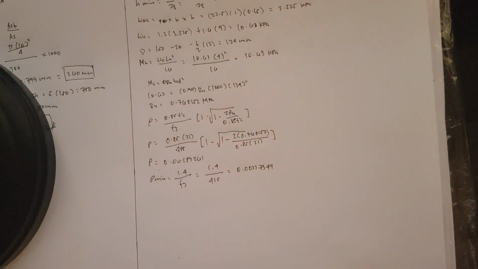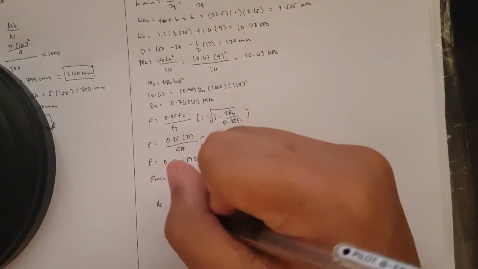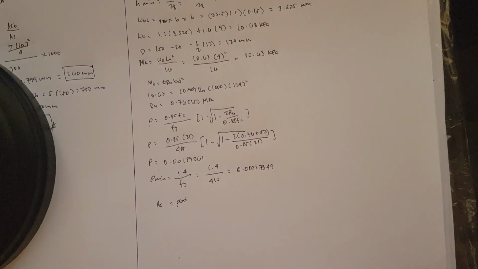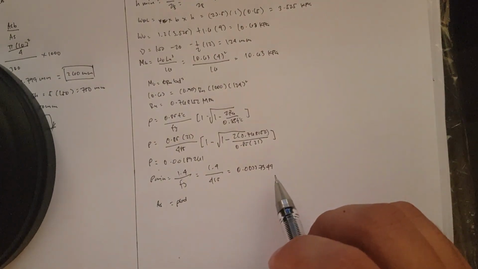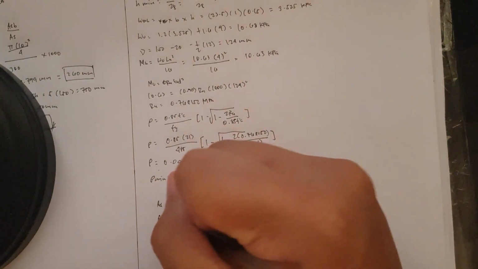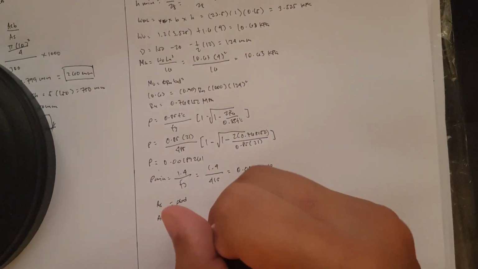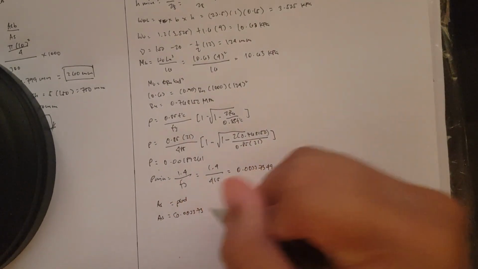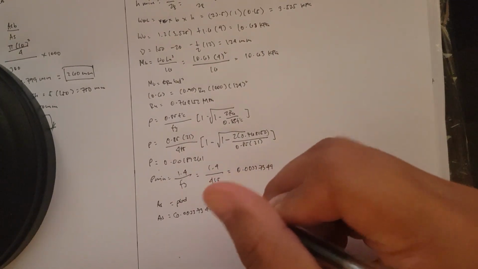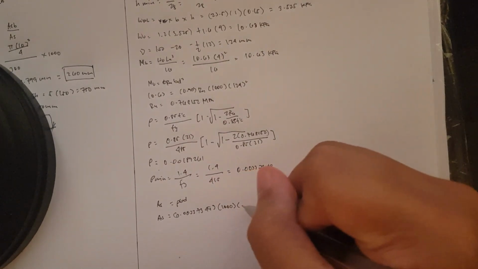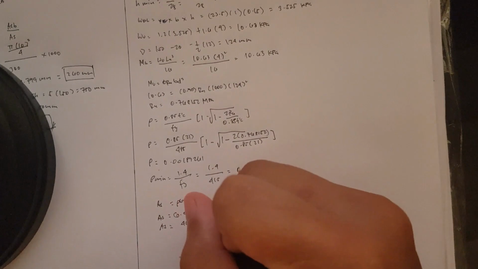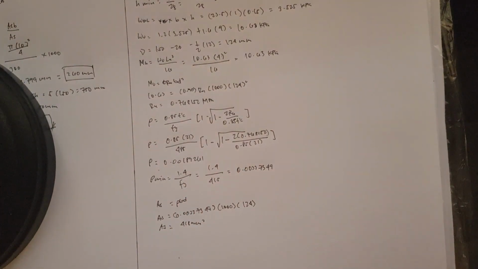So compute na ngayon natin yung total cross sectional area. As is equal to base times height times sa nakuha natin na reinforcement ratio. So As is equal to 0.0033734 times natin sa 1,000 yung length natin times sa depth na 124. Ang kuha natin is 418 millimeters squared.